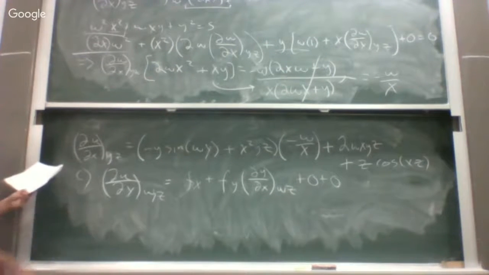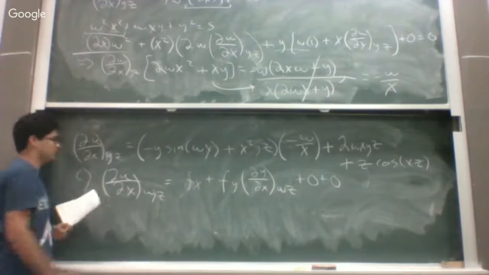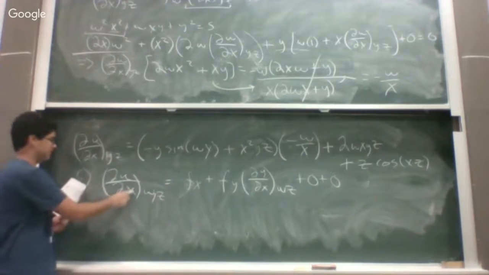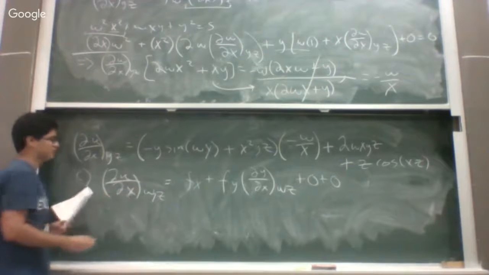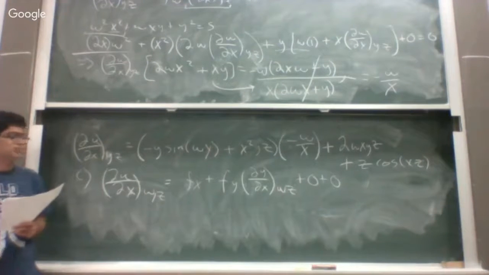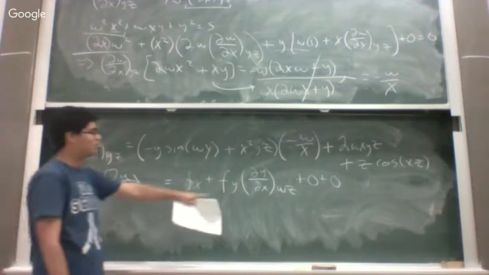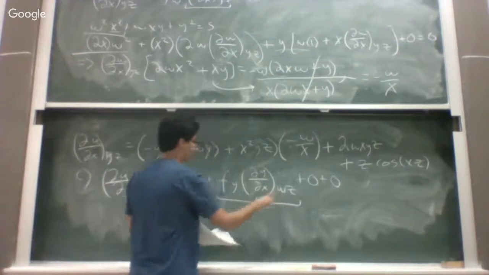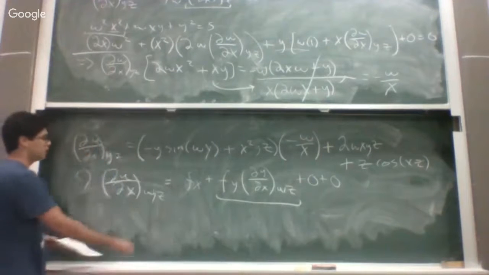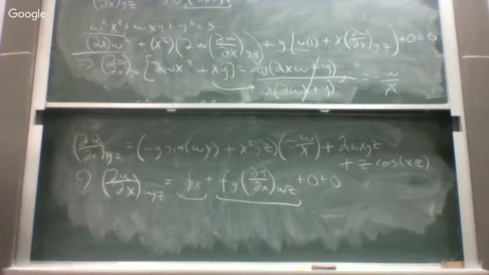Okay, that's an x, sorry. It was very tiny. Since y is not a constant, we have that part here. And f of x, because the partial derivative of x over the partial derivative of x is 1.